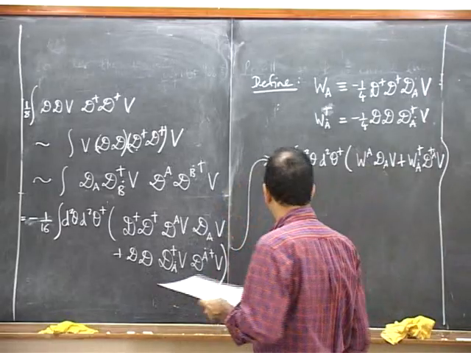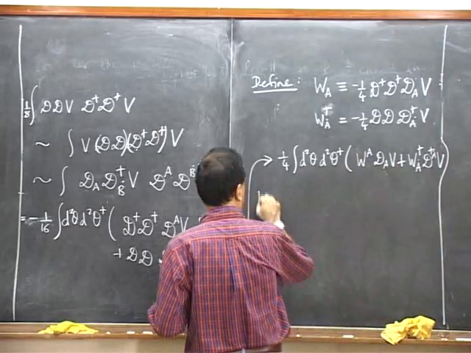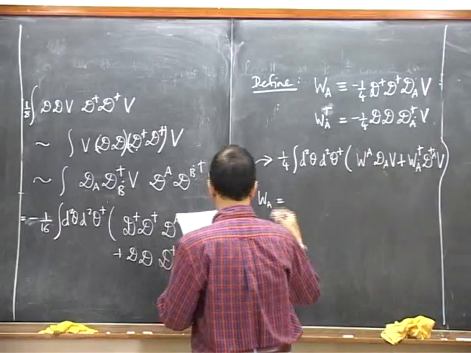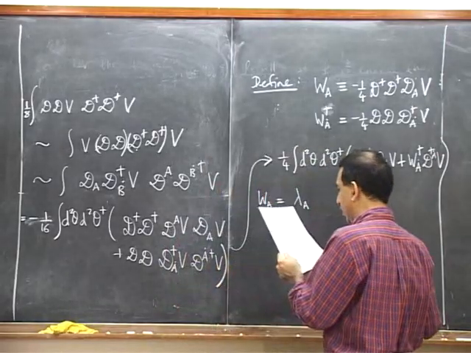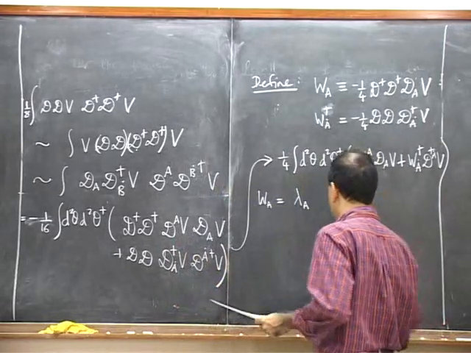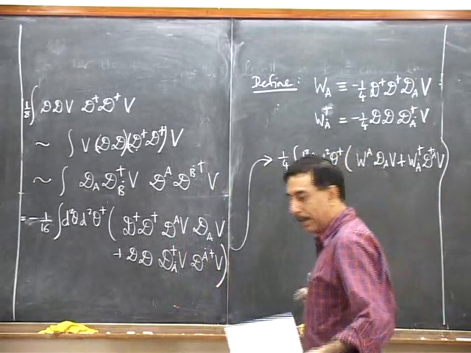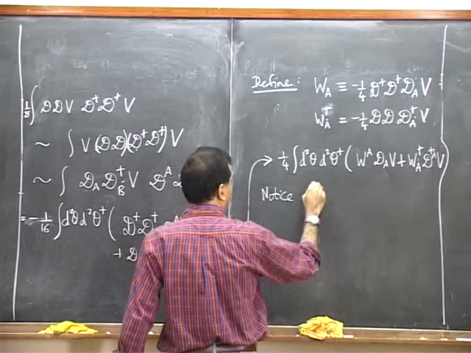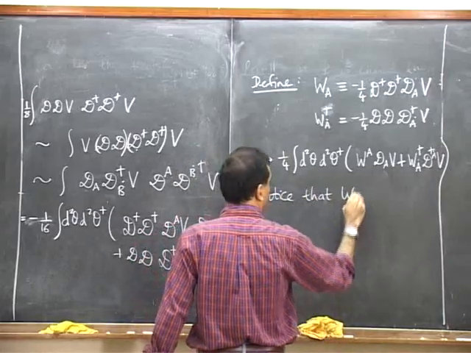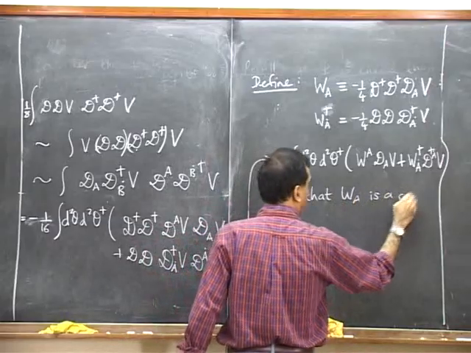And you find that W A turns out to be lambda A. Sorry, before I say that, the first thing we notice is that unlike V, WA is a chiral superfield.